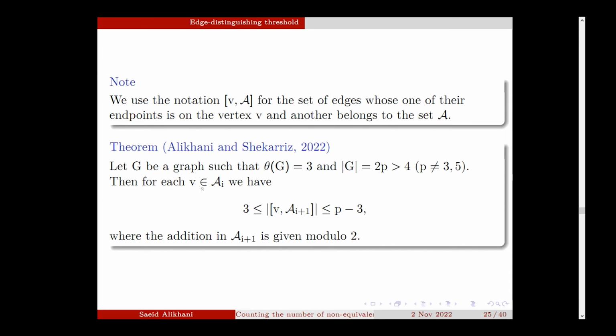then for every v in the set Ai, we should have the cardinality of bracket v and Ai plus 1 between 3 and p minus 3.